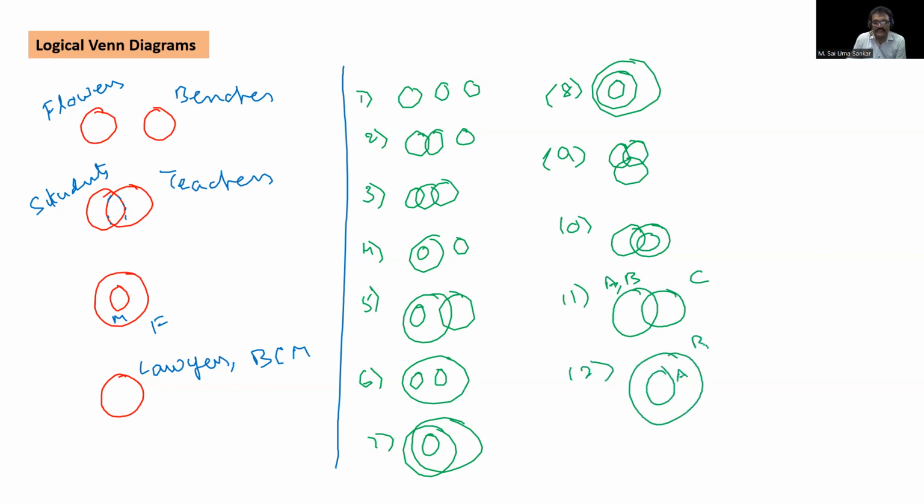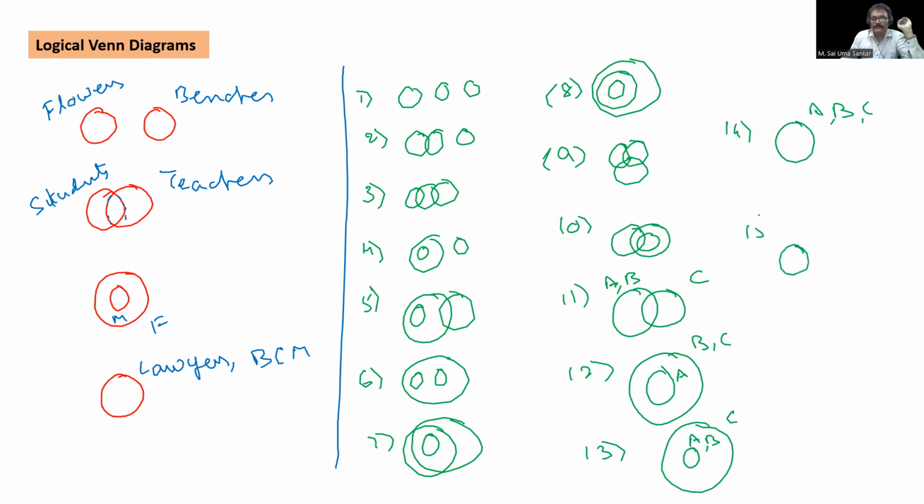And this is A, B and C. This is C and the inner circle is A and B. This is A, B, C, all combination. Next, the 15th one. Suppose this is AB and this is C. So around 15, more than 15 diagrams are possible.